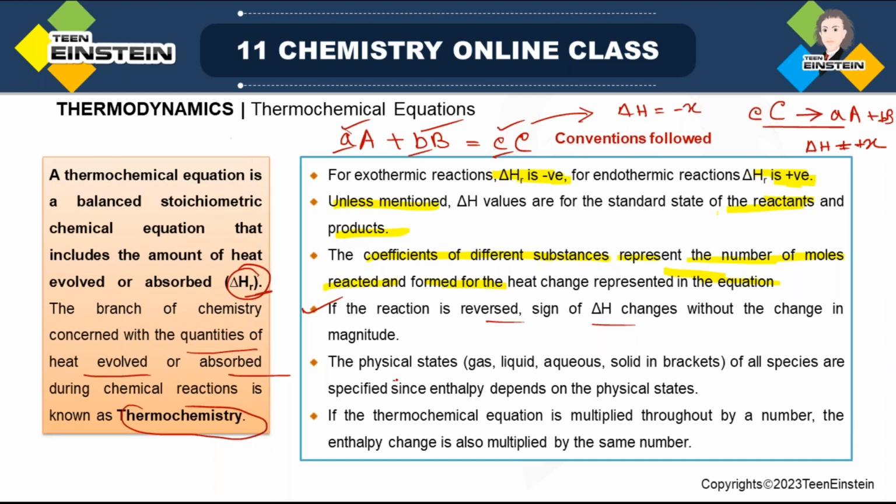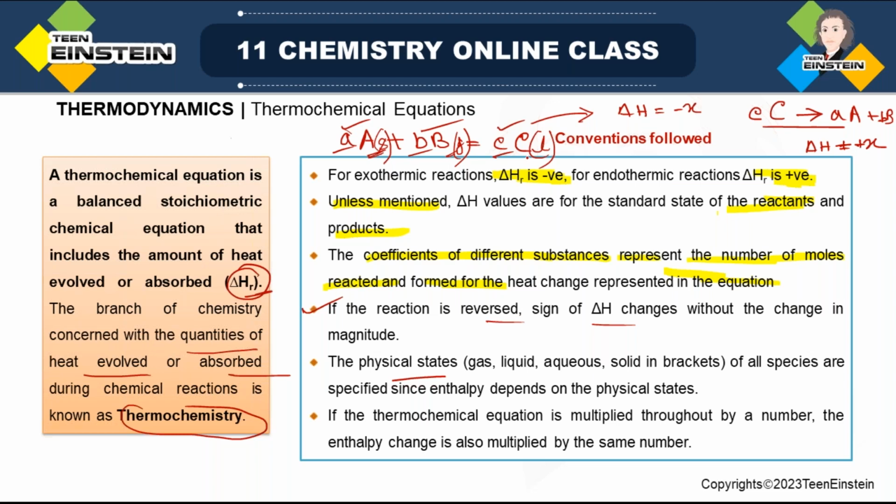Another important point is that you have to mention the physical state. Don't forget to mention whether it is liquid, solid, or aqueous. So for the reactants A and B, you have to mention their physical state. Suppose it is solid, you write S. Suppose it is gaseous, you write G. Suppose it is liquid, you write L. Why do we mention the physical state?